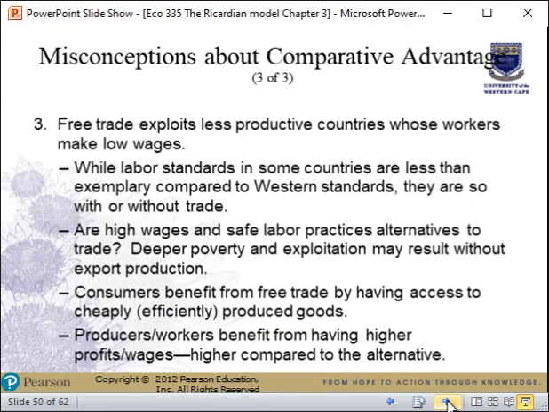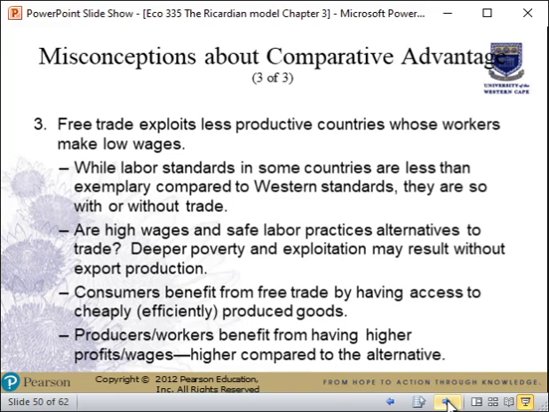The third one is that free trade exploits less productive countries whose workers make low wages. This is also not true, because exploitation of workers can happen with or without trade, and denying less productive countries the chance to engage in international trade, where they specialize in the production of goods that they do have the lowest opportunity cost or a comparative advantage in, will hurt them even more.